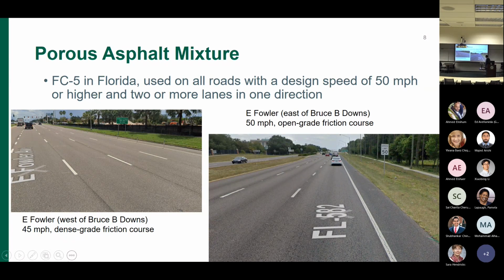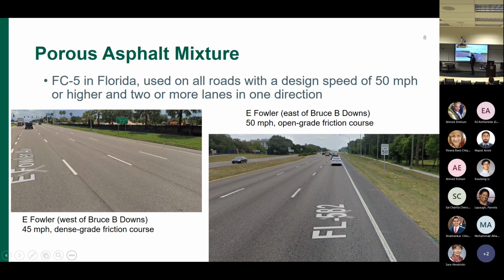Here I took this screenshot from the map. On East Fowler Avenue, just near the USF campus, the west section of the road has a speed limit of 45 miles per hour, so it is not required to use the FC5 porous asphalt on the surface.